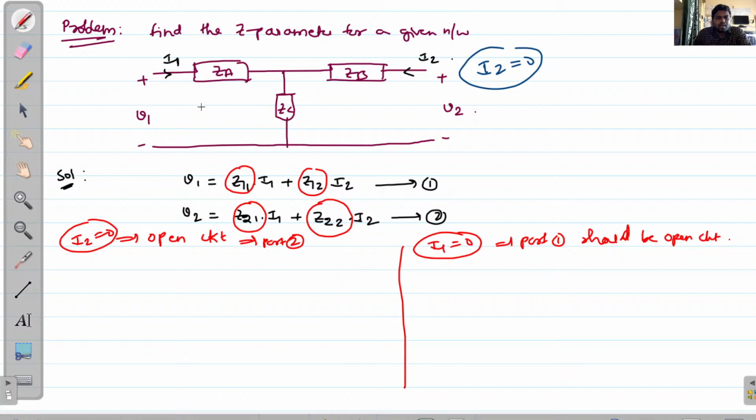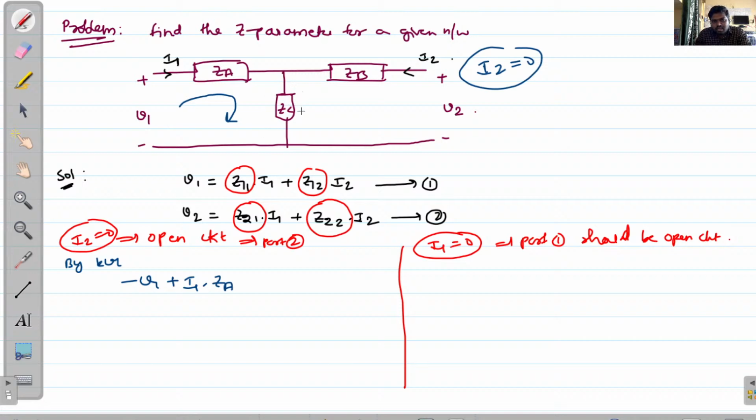Now you can apply KVL for this entire loop. By KVL, minus V1 plus I1 into the voltage drop across this particular resistance, so I1 into ZA, and the voltage drop across this particular ZC element.